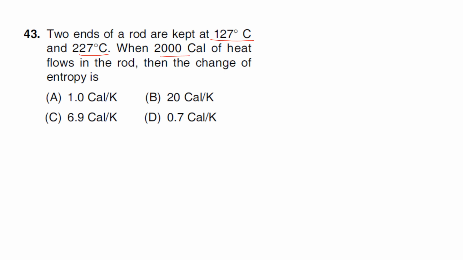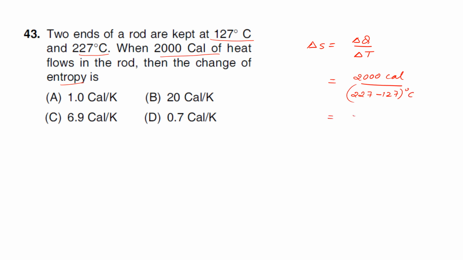Two ends of a rod are kept at 127 degrees Celsius and 227 degrees Celsius. When 2000 calories of heat flows in the rod, change in entropy is? So here change in entropy is given by delta S is equal to delta Q, change in heat energy, divided by delta T, change in temperature. Here heat energy is 2000 calories divided by change in temperature, that is 227 minus 127 degrees Celsius.